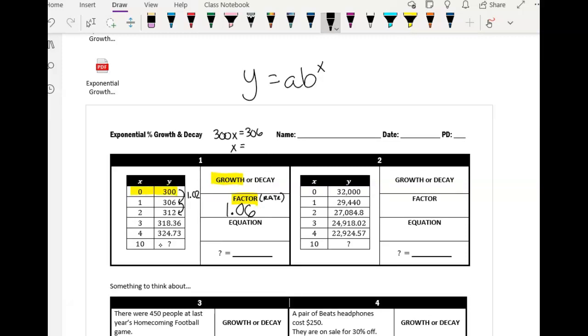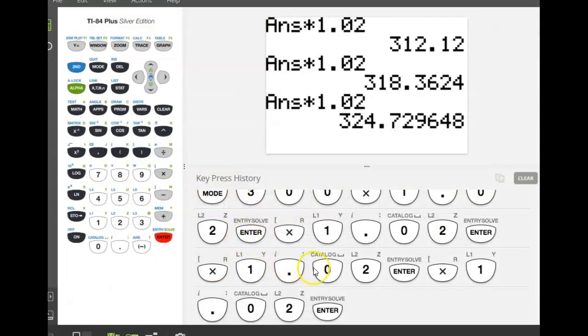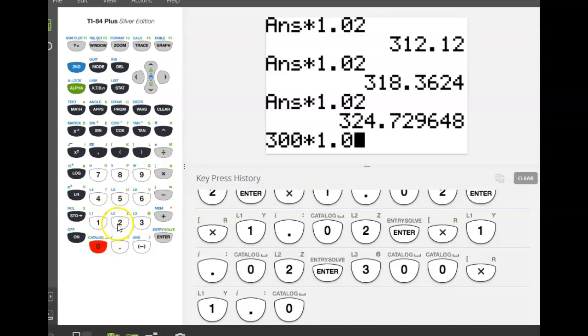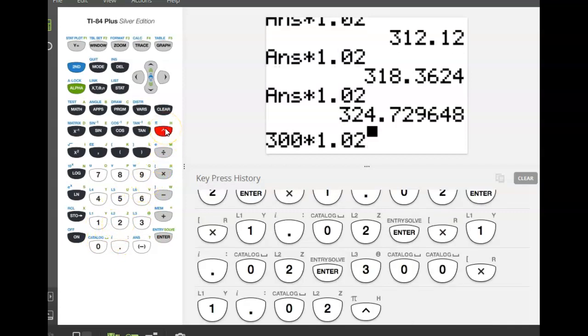So if I wanted to write an equation, it's 300 times 1.06 to the x. Now I could go over to my calculator and put that in. If I want to know what it is to the 10th power, I'm going to do 300 times 1.02 to the exponent 10th power.